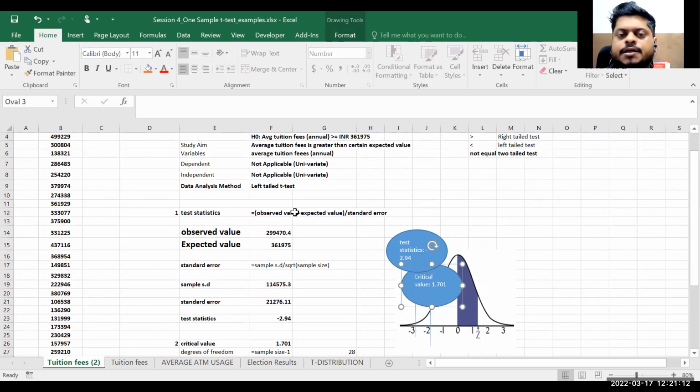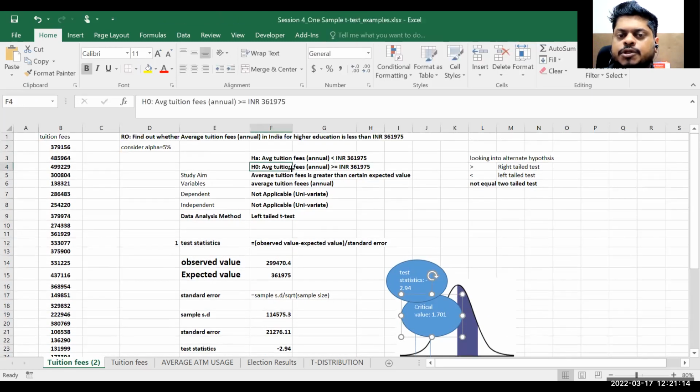What is my null hypothesis? The null hypothesis says greater than or equal to 361975. What does it mean? Whatever sample data I collect, if my null hypothesis is true and I'm standardizing the sample data, that means I'm finding a test statistic. That standardized data will be greater than or equal to minus 1.701 if my null hypothesis is true. If my null hypothesis is not true or wrong, then it will be less than minus 1.701.